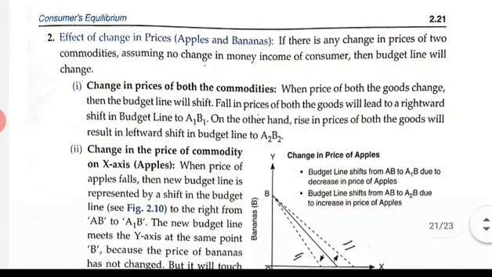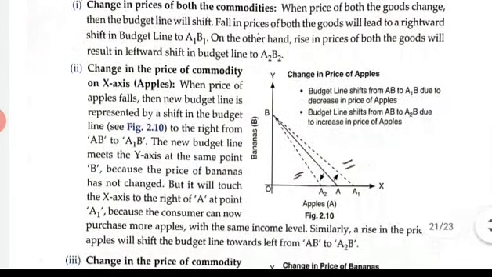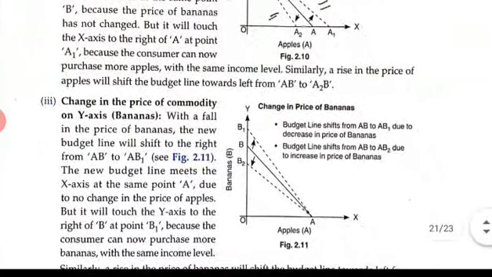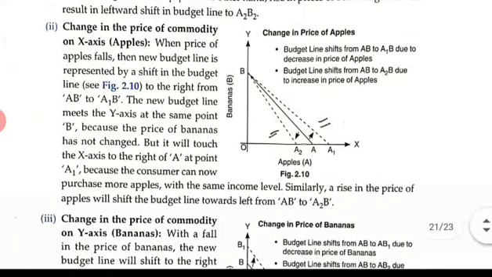But when there is a change in the price of only one good, then the budget line will rotate. If it is X, then the point on the y-axis will remain the same. If it is B, then the point on the x-axis will remain the same. So this is the entire shift in your budget line.